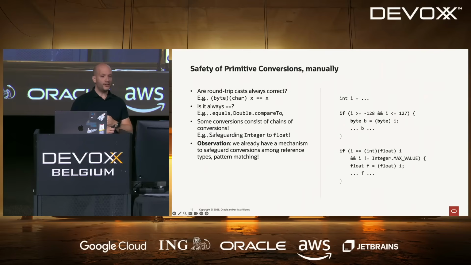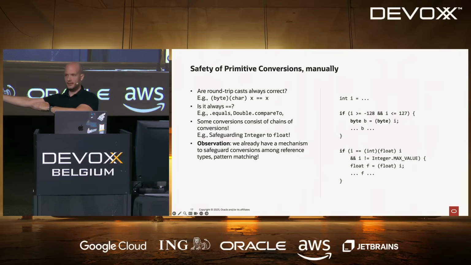And some conversions consist of chains of conversions. So you would need maybe to think how to safeguard an Integer to a float. An Integer to a float, you can cast it. It's a valid cast conversion that first unboxes and then applies the widening primitive conversion.